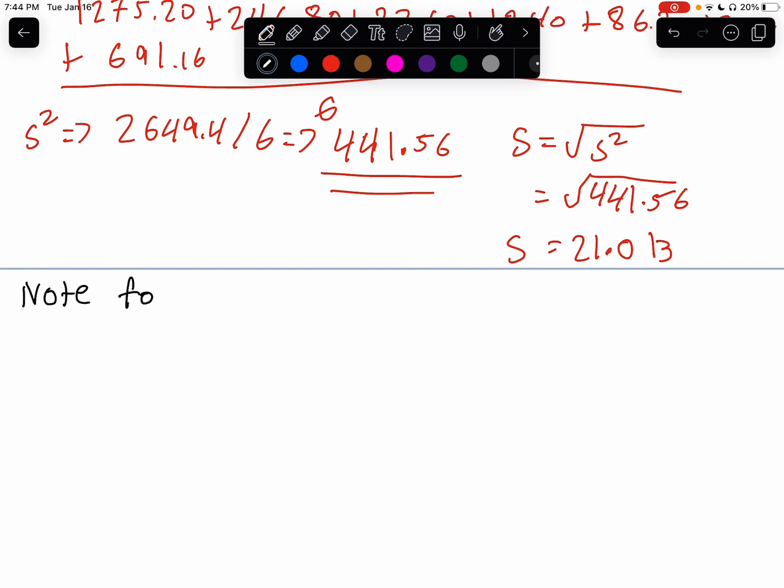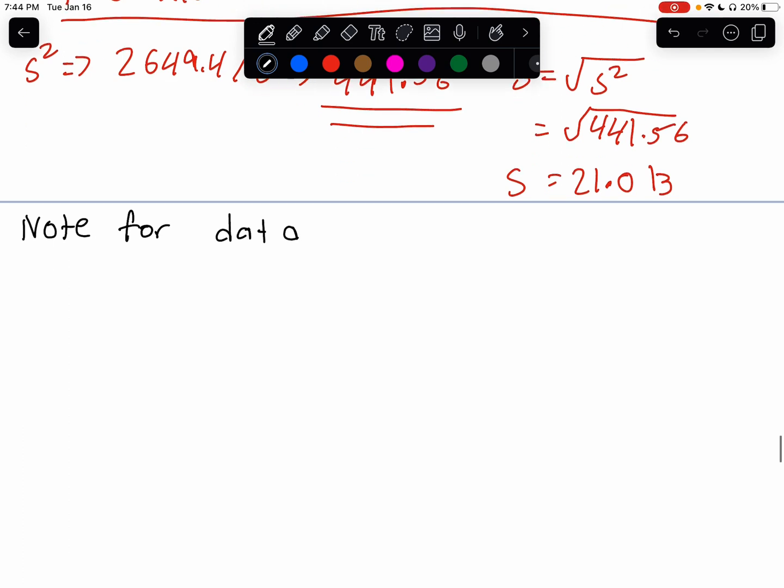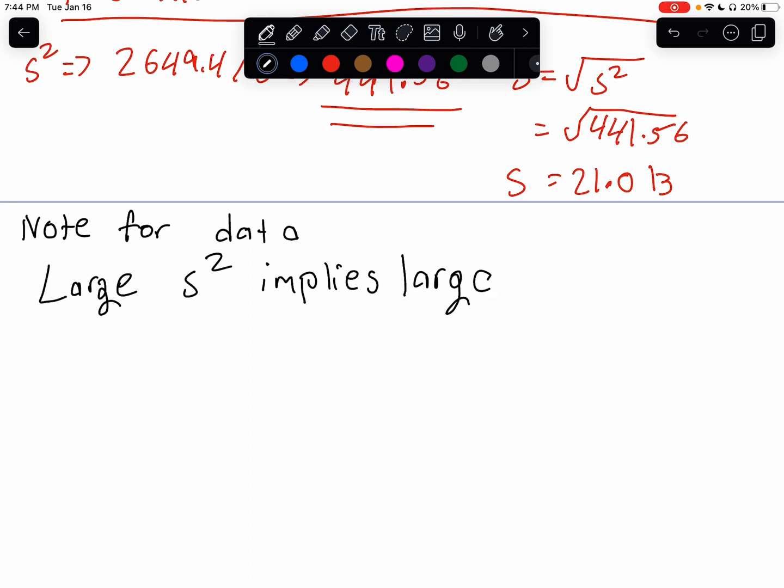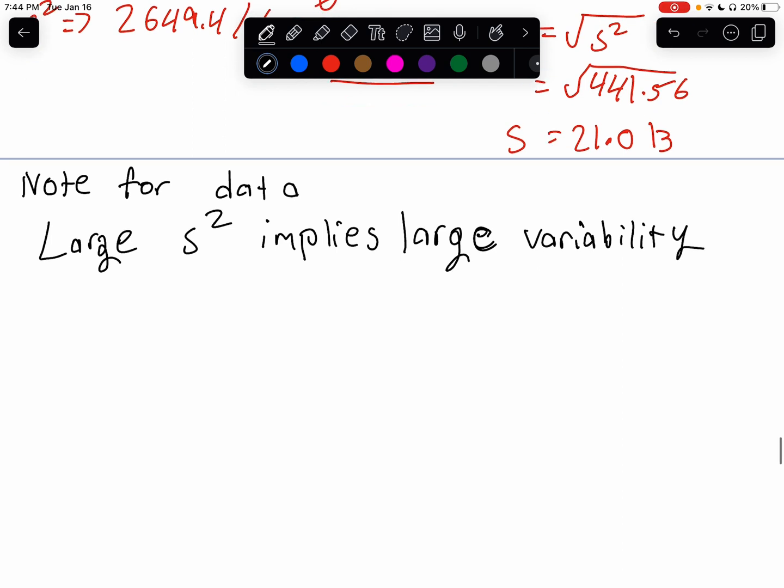So notes for data: we have to notice that a large s value, so our sample variance, implies large variability, as we have our data going in.